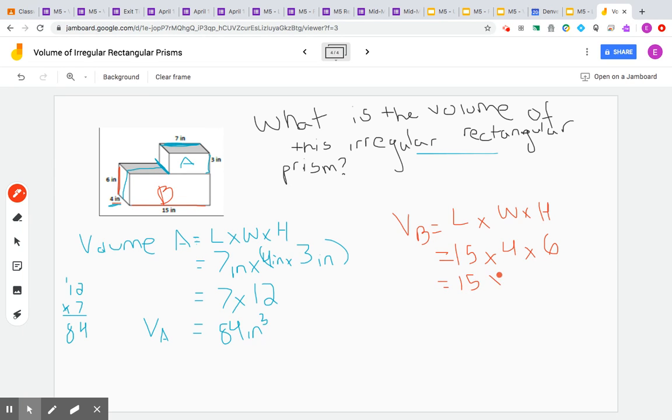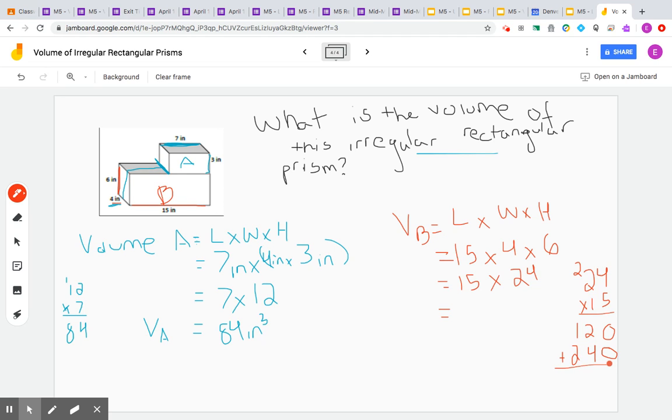I know that 4 times 6 is 24. So now I can use my area model or my standard algorithm to solve. I'm going to do 24 times 15. 5 times 4 is 20. 5 times 2 is 10, plus 2 is 12. I'm going to put a 0 in because I'm multiplying in the tens place now. So this is technically 10 times 4 is 40, and 1 times 2 is 2.